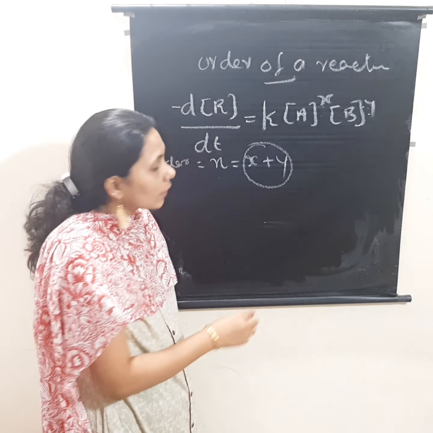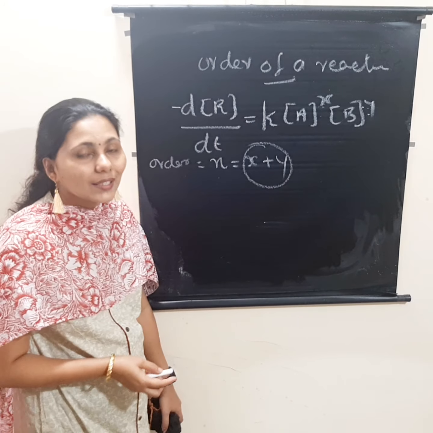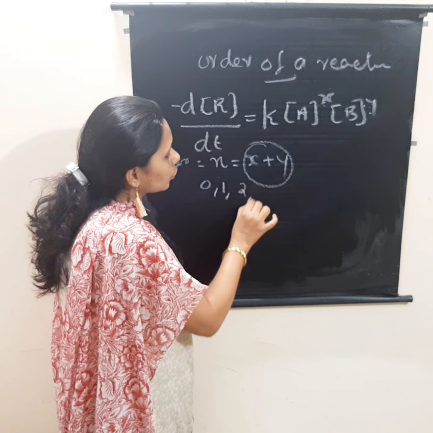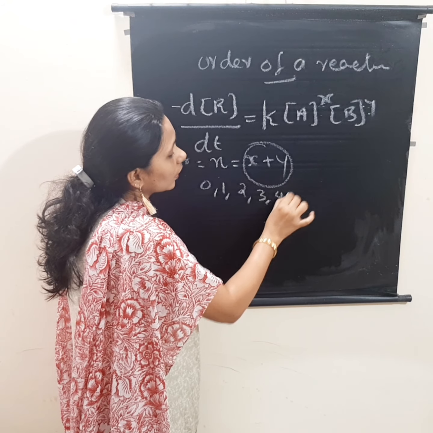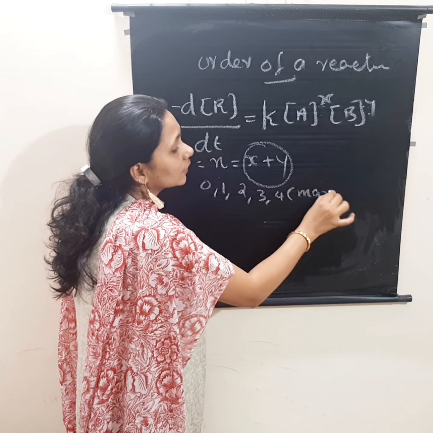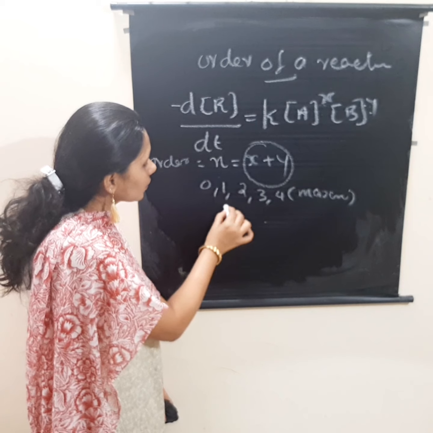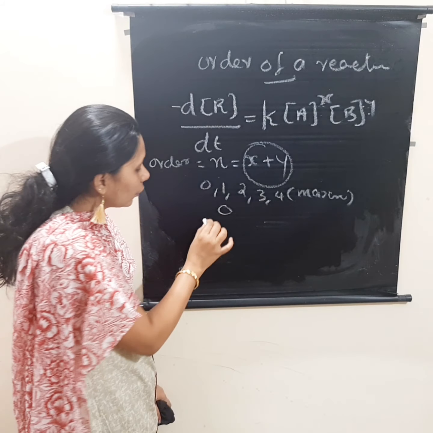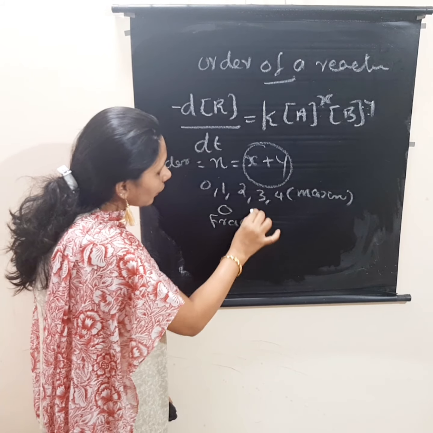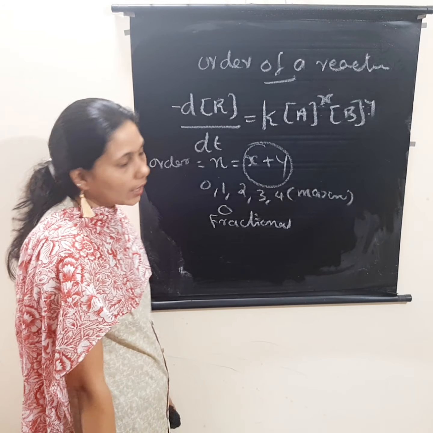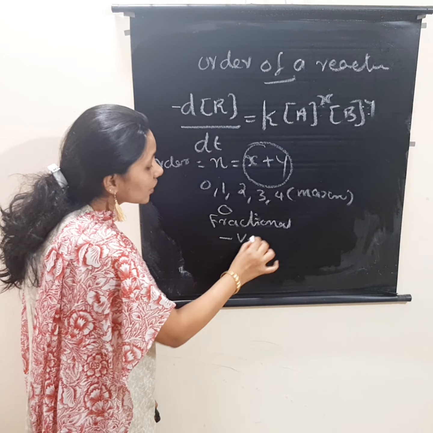Okay, and one of the characteristics of order is that order may be 0, 1, 2, 3, and 4 is the maximum. More than 3 is a rare case. Order may be 0. It can have fractional values, like 1 by 2, 3 by 2, etc. And it can have negative values.